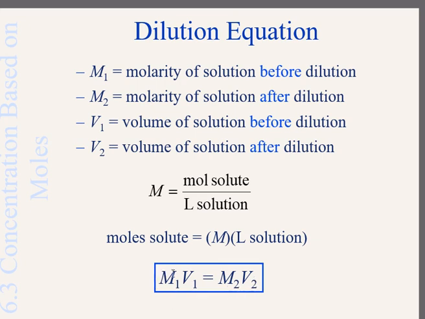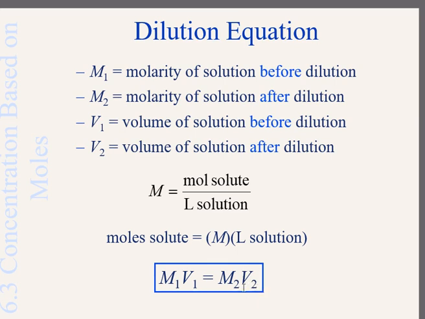Here, molarity 1 represents the molarity of the original concentrated stock solution, and volume 1 represents the amount of the stock solution which was transferred into the other volumetric flask in which we made our dilute solution. V1 does not represent the total volume of the stock solution. It represents the volume transferred into the dilute solution. And then molarity 2 will be the concentration of our new dilute solution, and V2 is the total volume of our dilute solution.